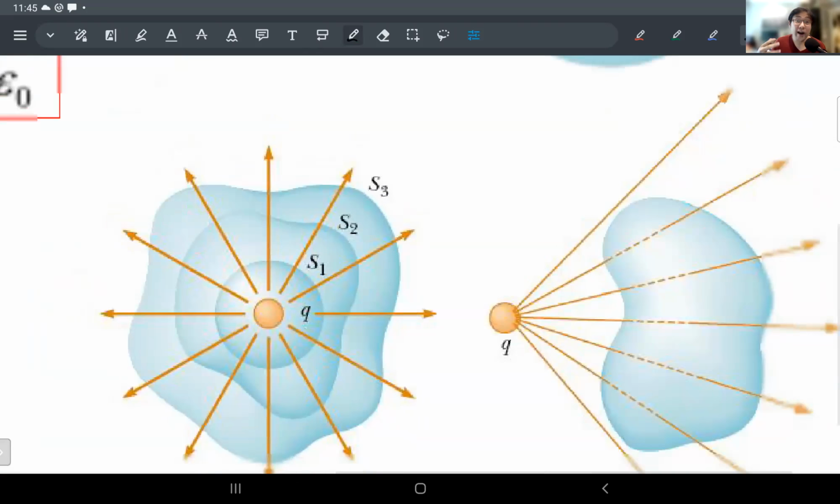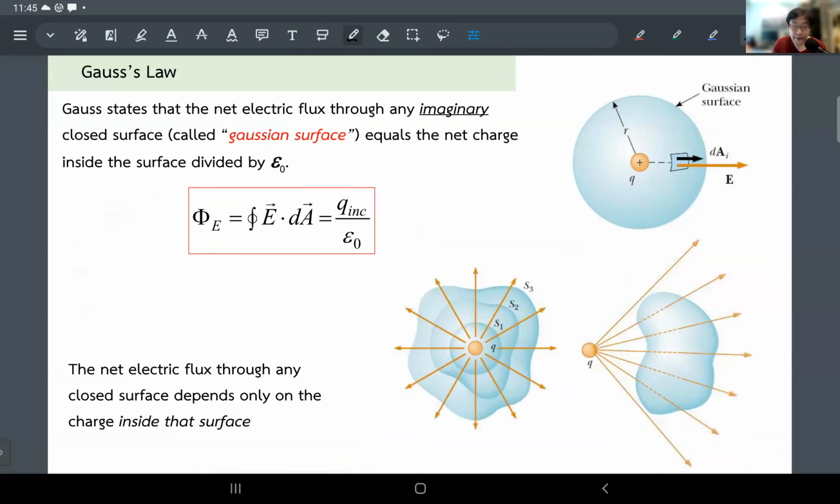So for an electric field to happen, there must be some charge responsible for it. And Gauss said, if in a closed surface you can figure out the net flux, whenever there is a net electric flux, there must be charge in there. You guys with me now?